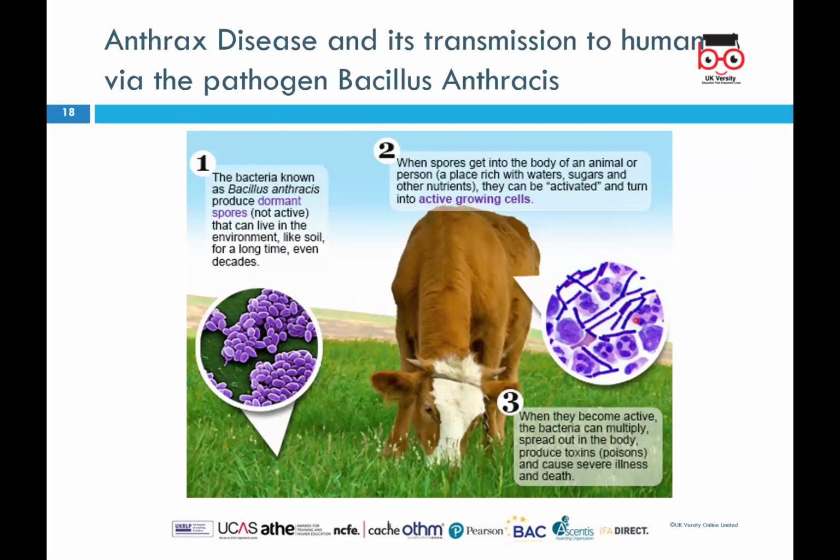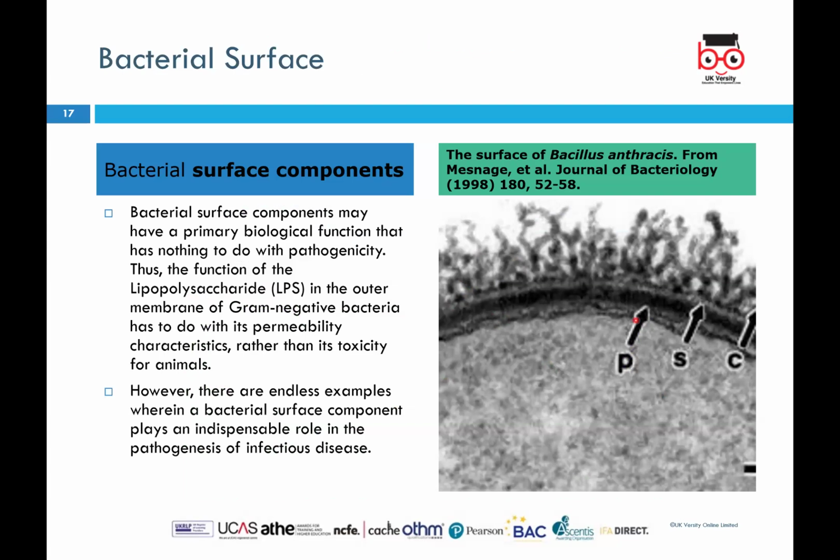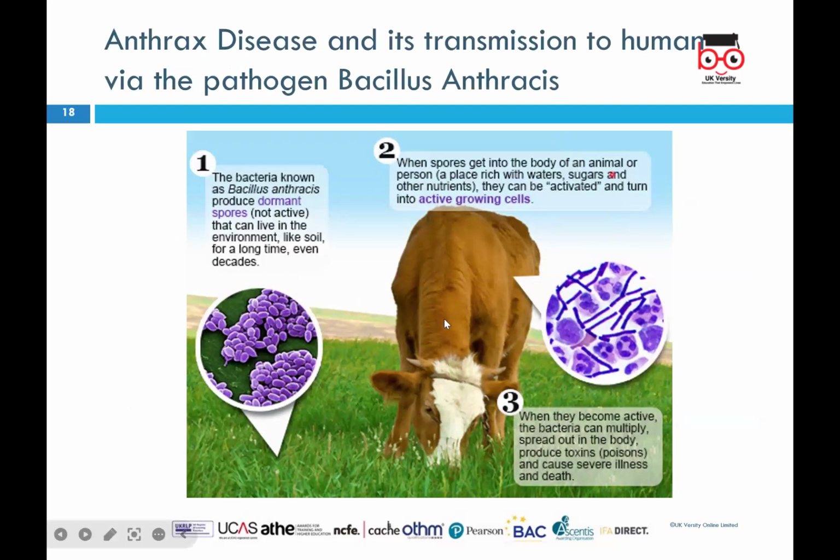So, anthrax, this is Bacillus anthracis that we talked about. There are different types of anthrax also. There's anthrax bovis, which is carried from cattle to man. So, anthrax disease and its transmission to man through the pathogen Bacillus anthracis.